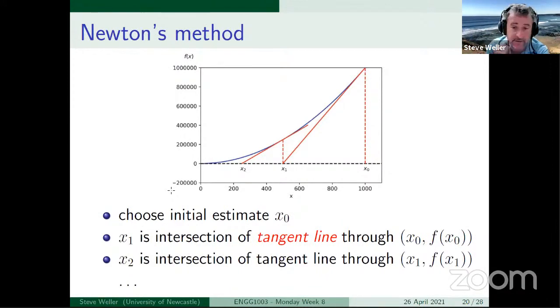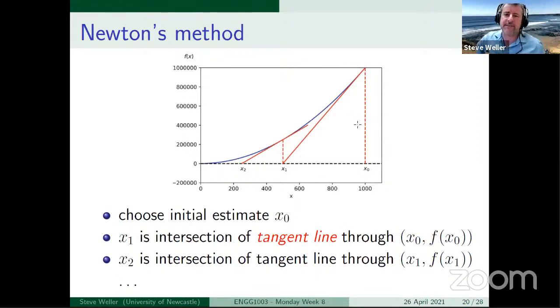Newton, by the way, is Sir Isaac Newton, probably the greatest scientist that has ever lived. His name's associated with this algorithm. He first arrived at it in the 1600s. So Newton's method says this: we start with an initial estimate x0, indicated here as the x value out on the right hand side, about 1,000.